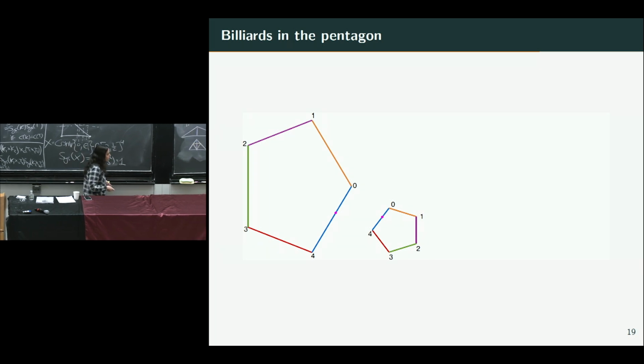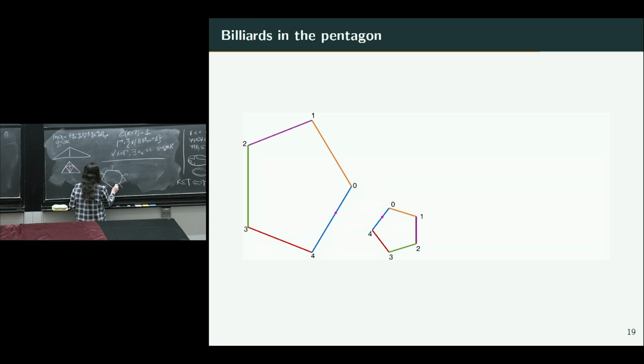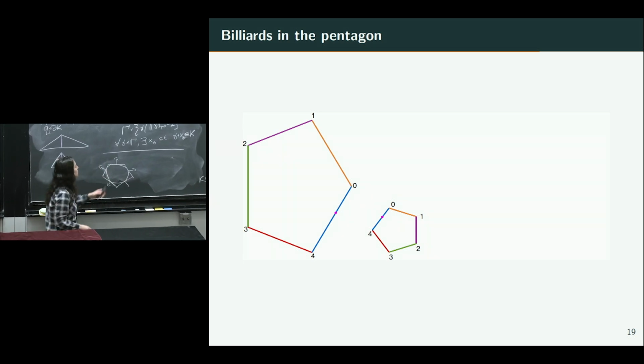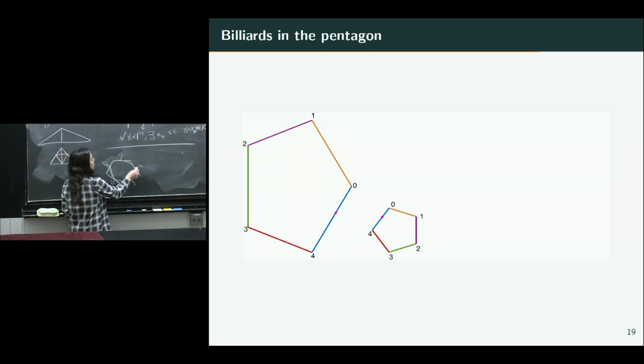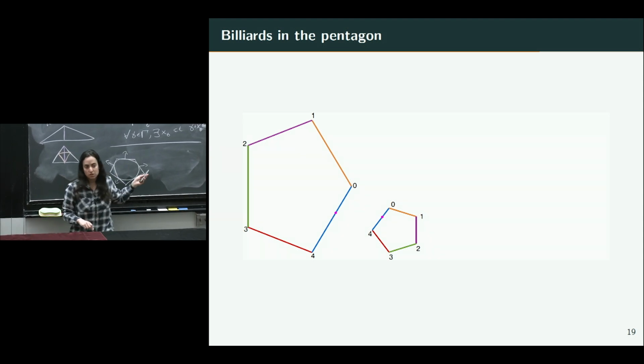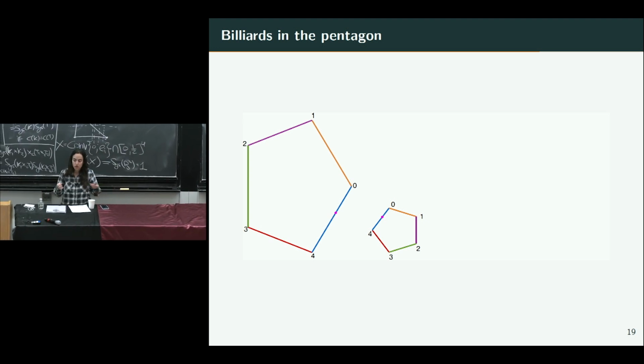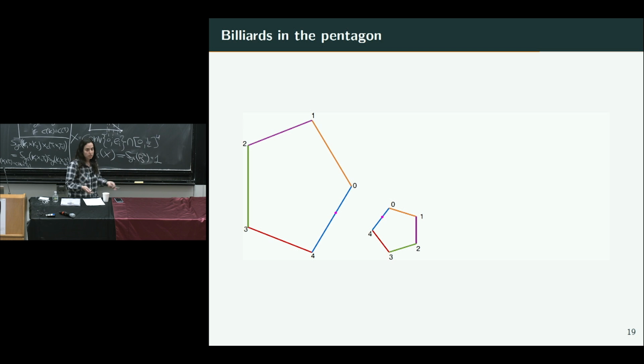And moreover, because these pentagons contain some disk and the normals coincide, all the facets touch the inscribed circle, the reflection law in this case would be the same as the Euclidean one.